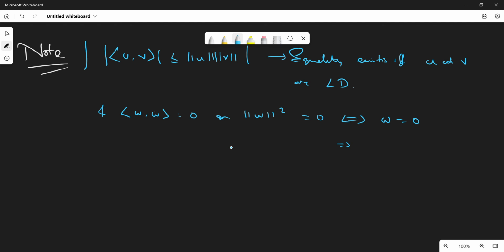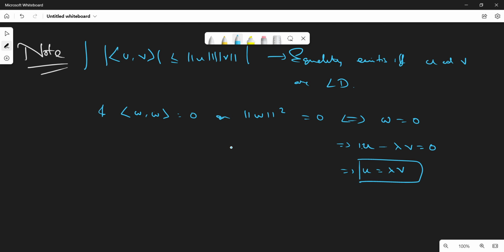So w equal to 0 means u minus lambda v must be equal to 0. From here you can see u is equal to lambda v, so u and v are linearly dependent, because alpha is non-zero and you are also having a coefficient of 1.